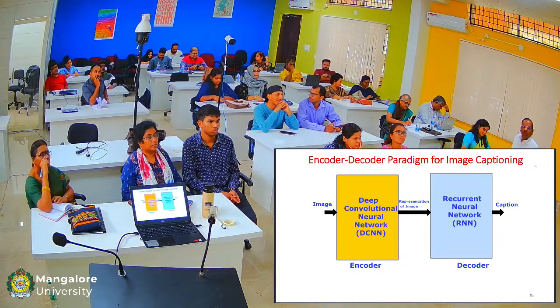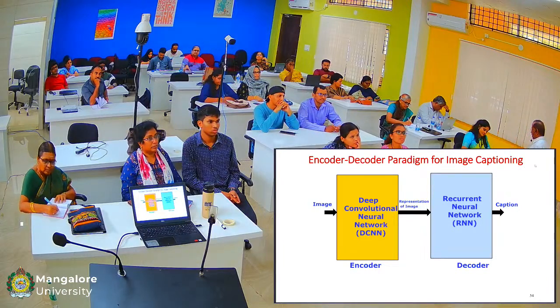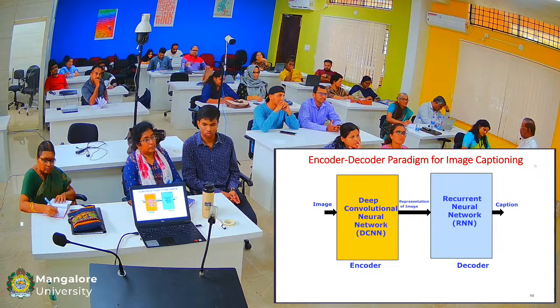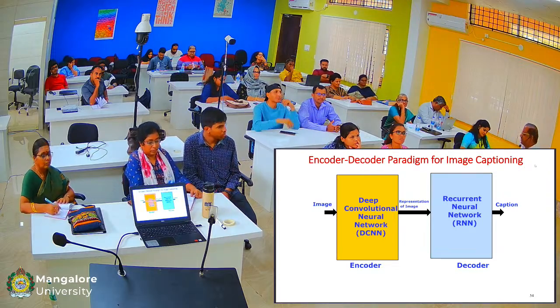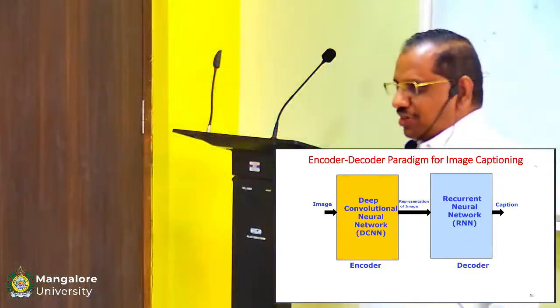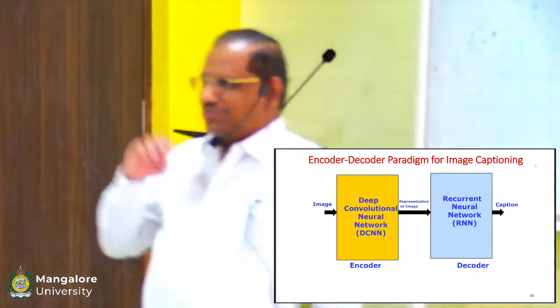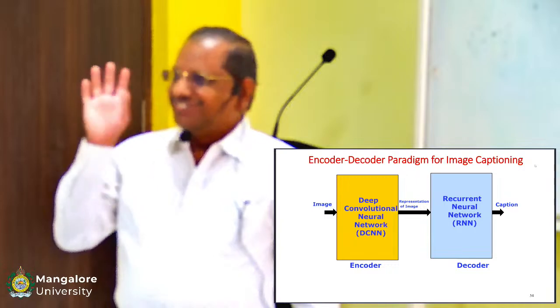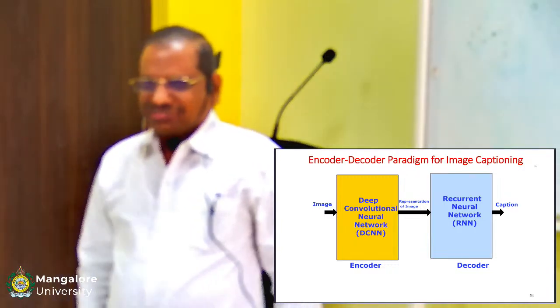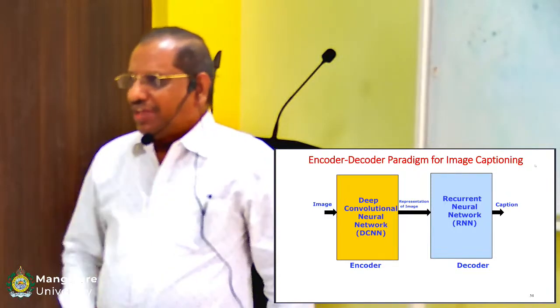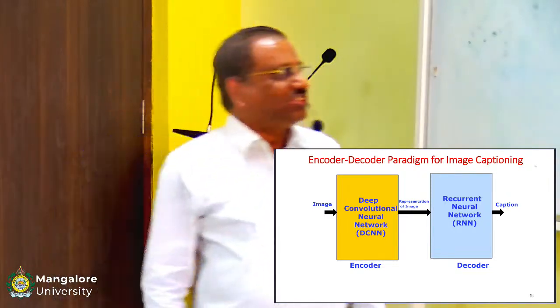Typically this is done using two modules. The first one is called the encoder, and the second one is called the decoder. But this encoder and decoder are different from the encoder and decoder we have seen in the autoencoder neural network. There it's compression and decompression. It is different here. We'll be understanding what it means.